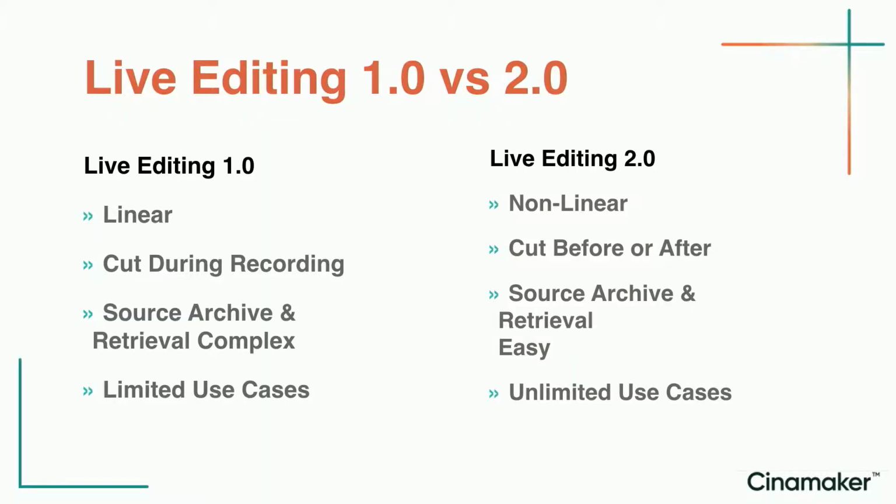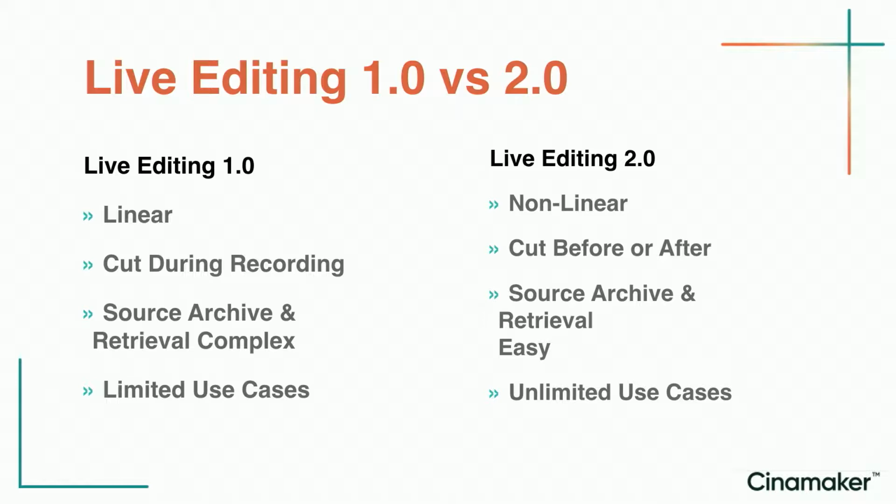All right, so as I mentioned, live editing 1.0 is really just a live cut that most people are familiar with. This is a linear cut. It's not an interactive process. You just go with time, you make your selections. Usually this cut is done during your recording.